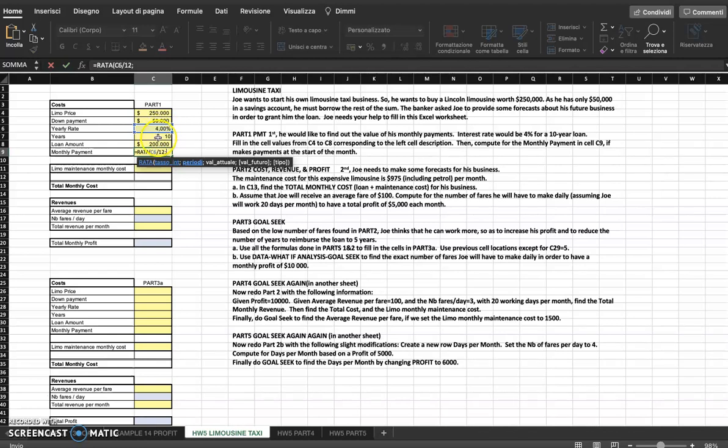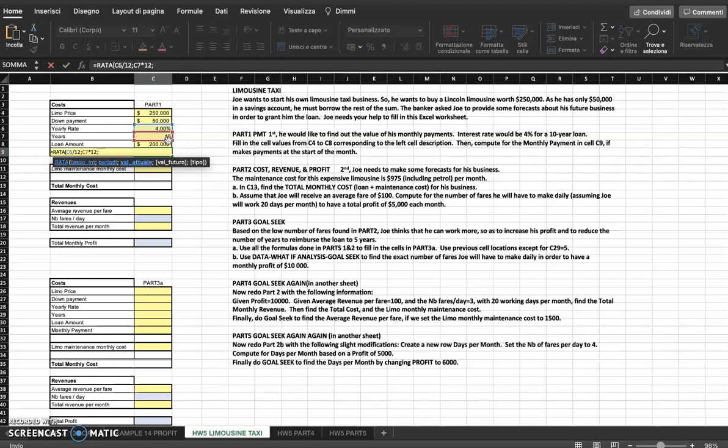Then we add cell number 7, the years, so 10 years, again times 12, because it's again the number of months in a year.